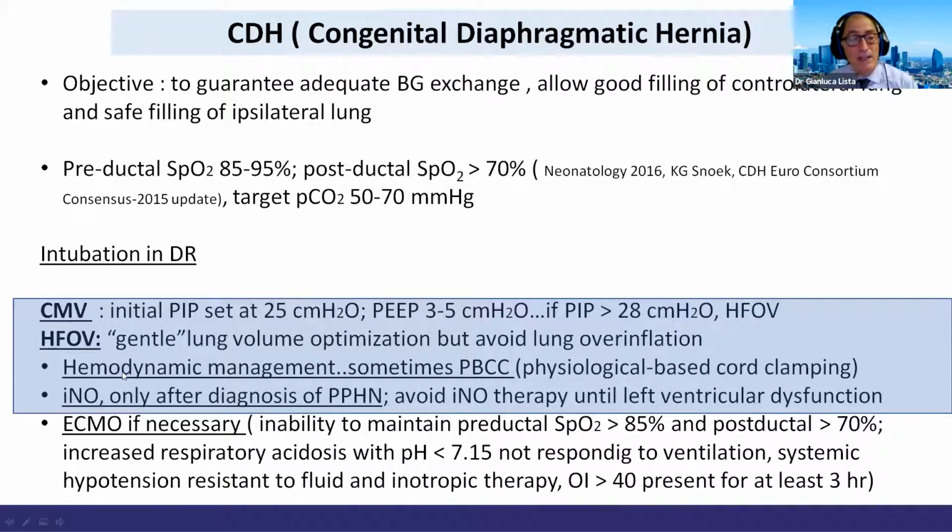The hemodynamic management of these patients is very important. Often in the delivery room it could be useful to use physiological based cord clamping in order to maintain a normal preload and a normal cardiac output. iNO has to be used only after diagnosis of persistent pulmonary hypertension.